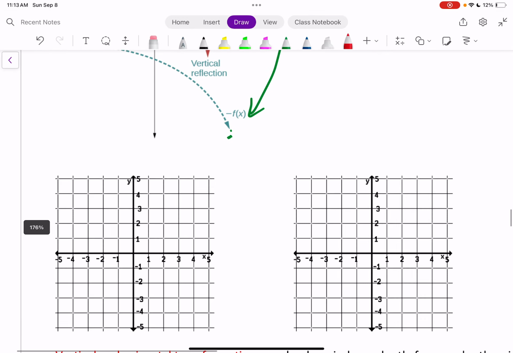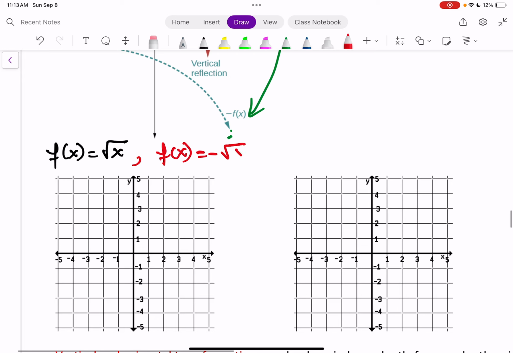So let's start with the square root function. What would it look like if I now graph negative square root of x?